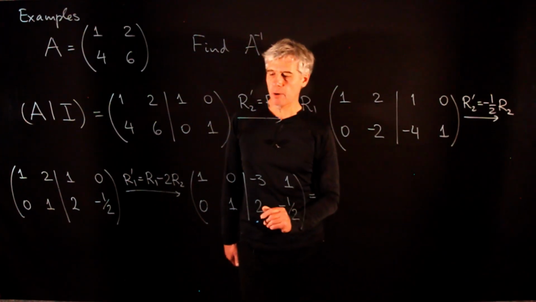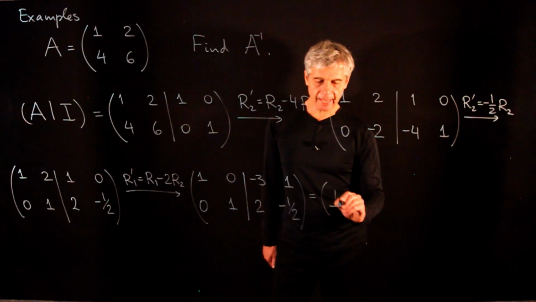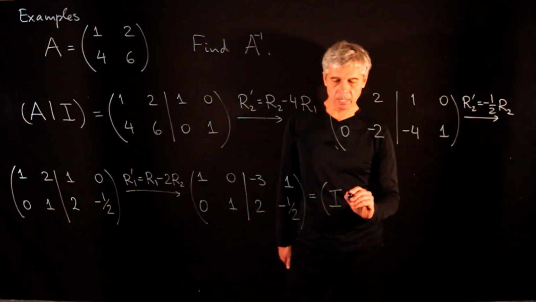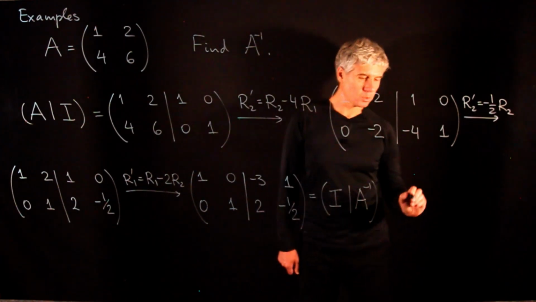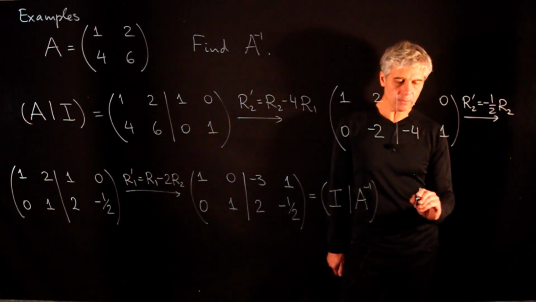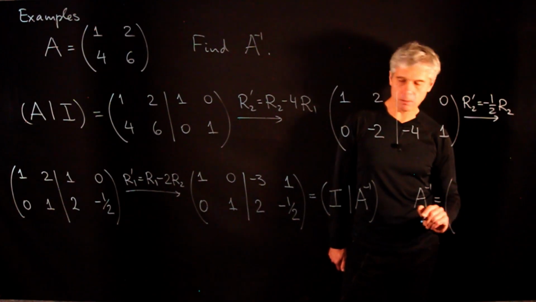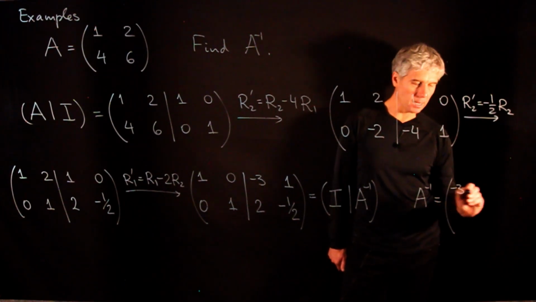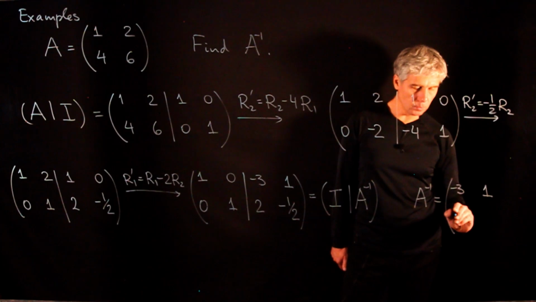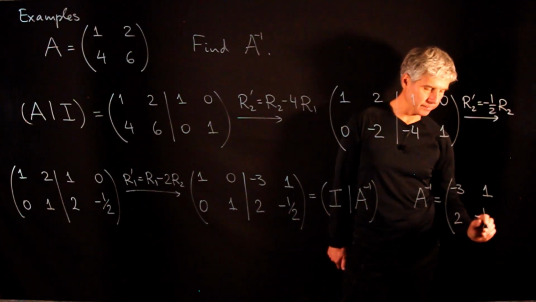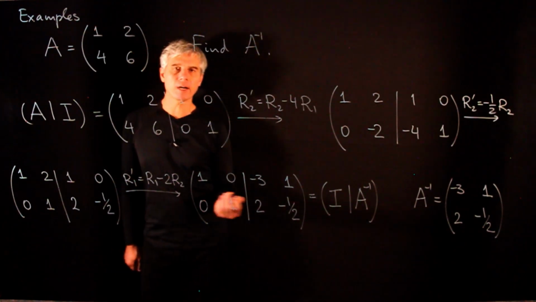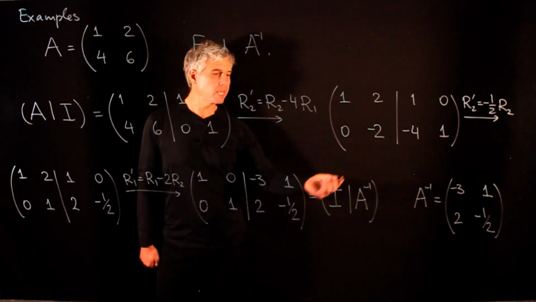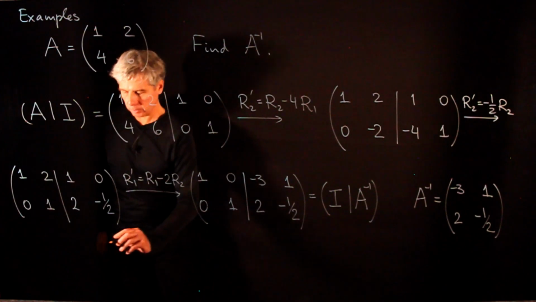And by our theorem, once the left half became the identity matrix, the right half will become A inverse. So this tells us that A inverse is the matrix negative 3, 1, 2, negative 1/2. It's always a good idea to verify that we did not make an arithmetic mistake in our calculation.